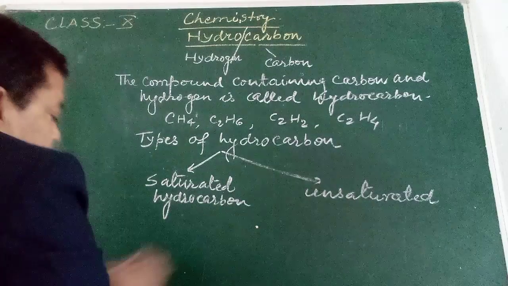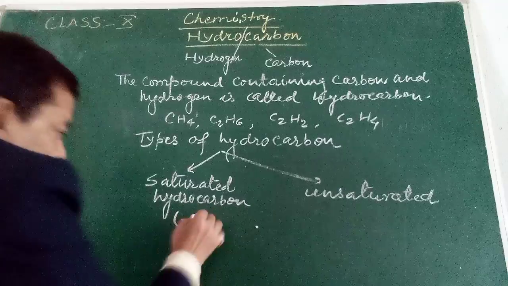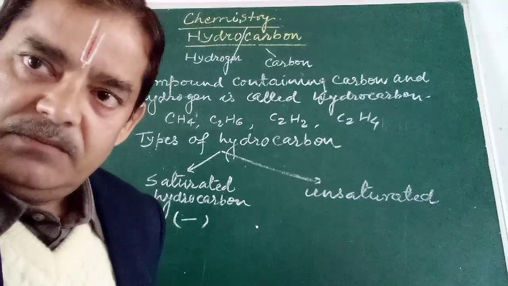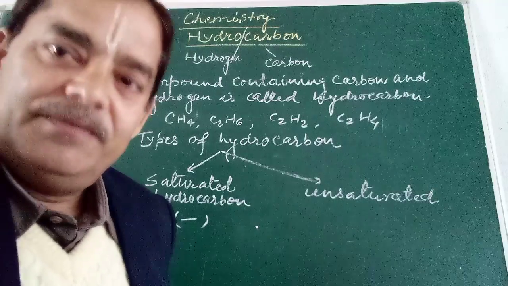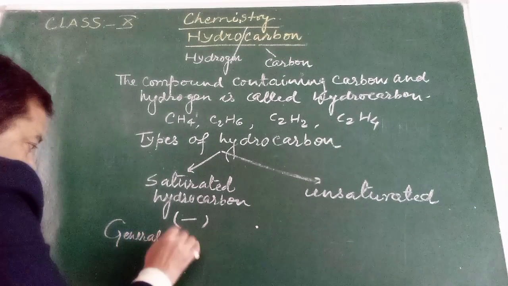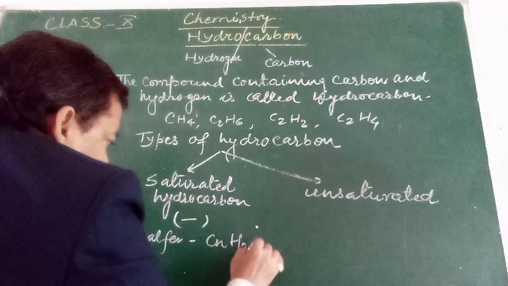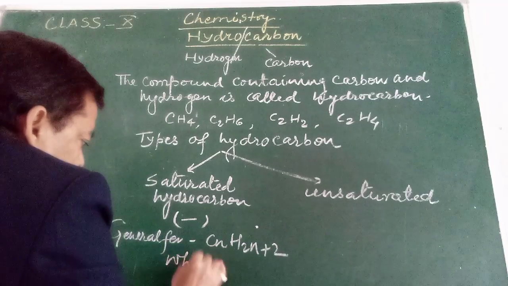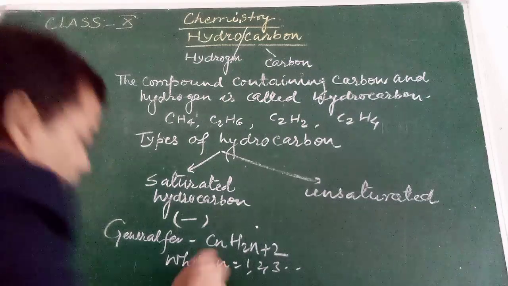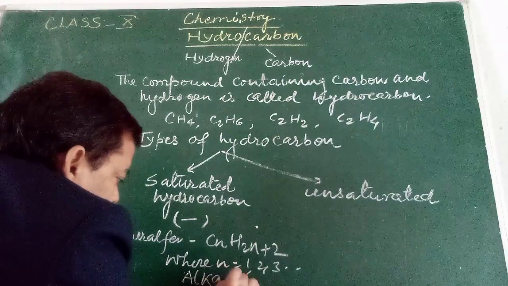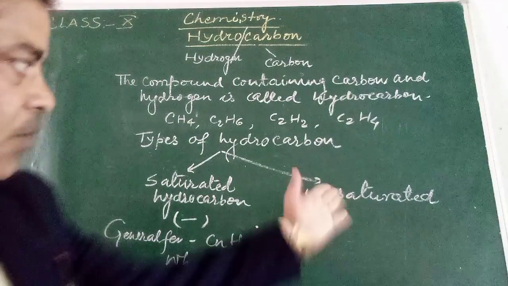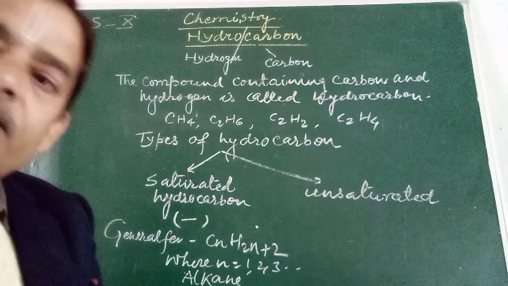The hydrocarbon in which each carbon is bonded with single covalent bond is called saturated hydrocarbon. General formula of this hydrocarbon is CnH2n+2, where n is equal to 1, 2, 3, and so on. It is also known as alkane.